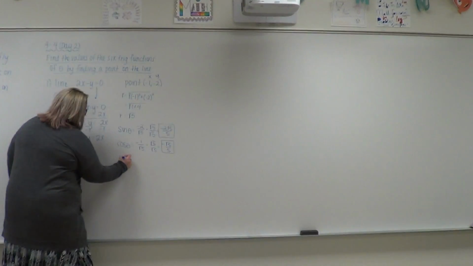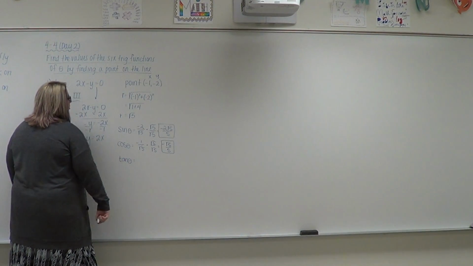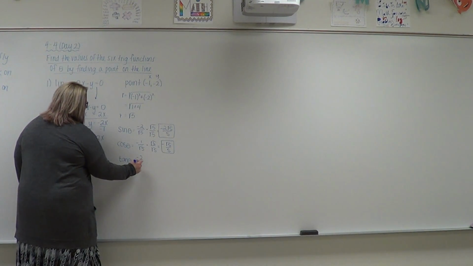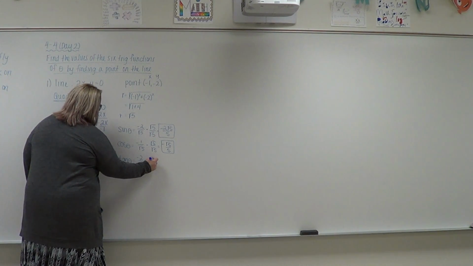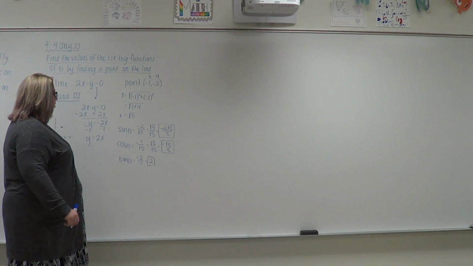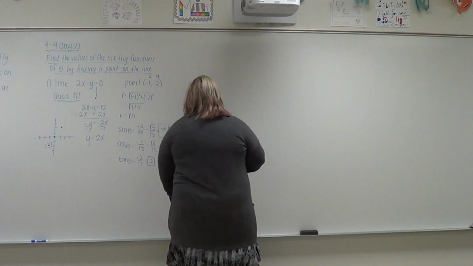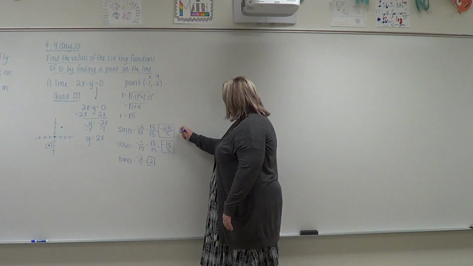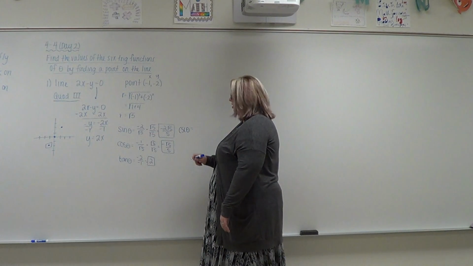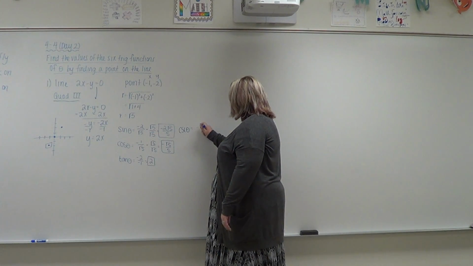Okay, tangent is equal to y over x. So -2 over -1, which would be 2. Okay, then the other 3 are reciprocals. So cosecant, if I do the reciprocal of this, go back before you rationalized it. So this would be -square root of 5 over 2.